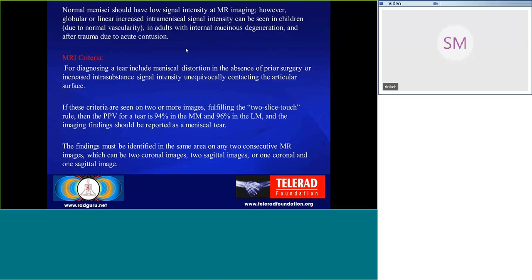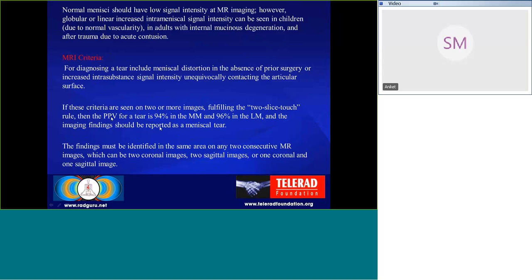Sometimes after immediate acute trauma, we can also see high signal intensity in the menisci. Diagnosing a meniscal tear includes distortion of the meniscus in the absence of prior surgery, or increased intrasubstance signal unequivocally contacting the articular surfaces.